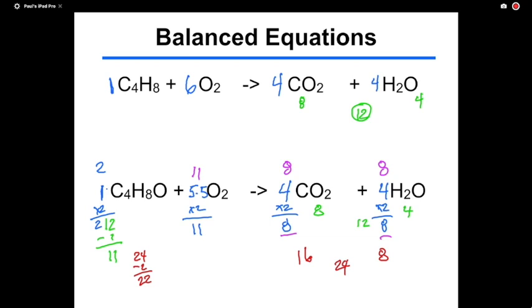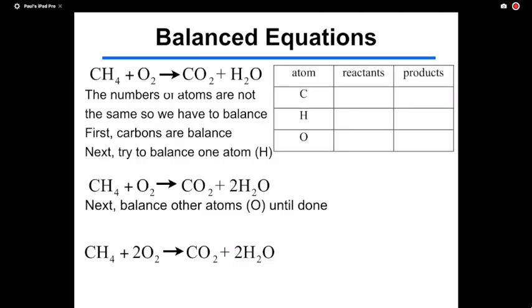Okay? Both ways will work. One is quicker than the other. But if you start putting on numbers, and you have to erase and start over and erase and start over and erase and start over, something might be wrong. Okay? And so, balancing equations: one at a time, a single element at a time.